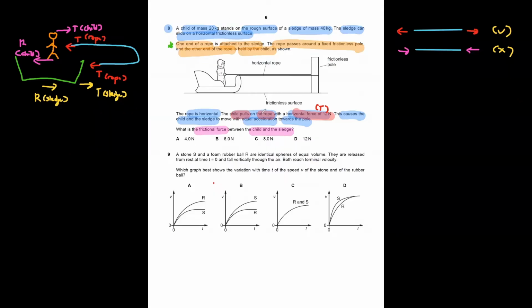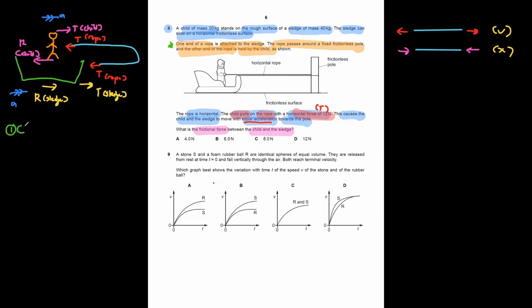The question also further mentioned that the child and sledge move with equal acceleration. So that would mean that the child will be moving with acceleration A, and the sledge will also be moving with the same acceleration A. Now, to find this acceleration A, it will be more convenient to consider both child and sledge as a single system.